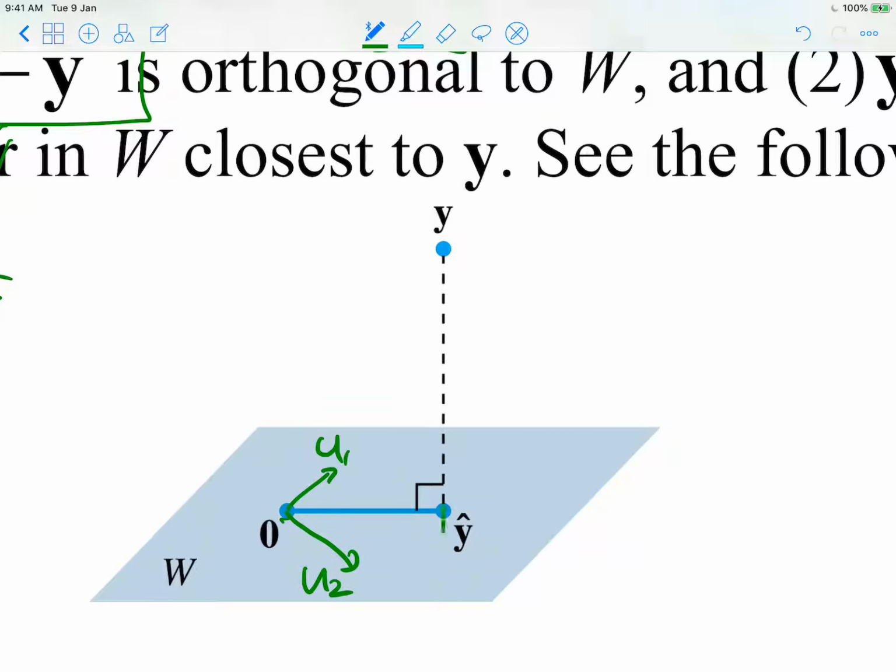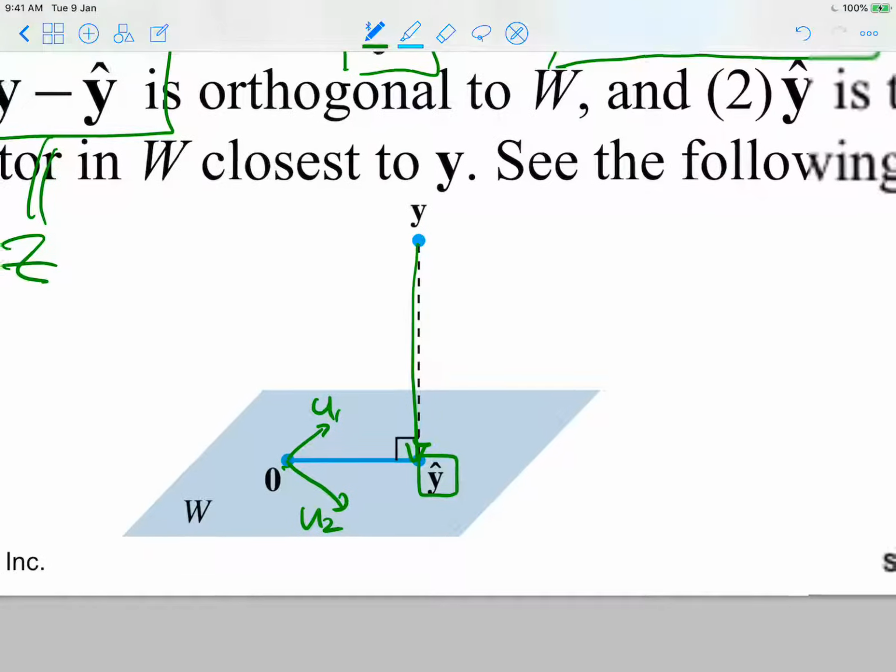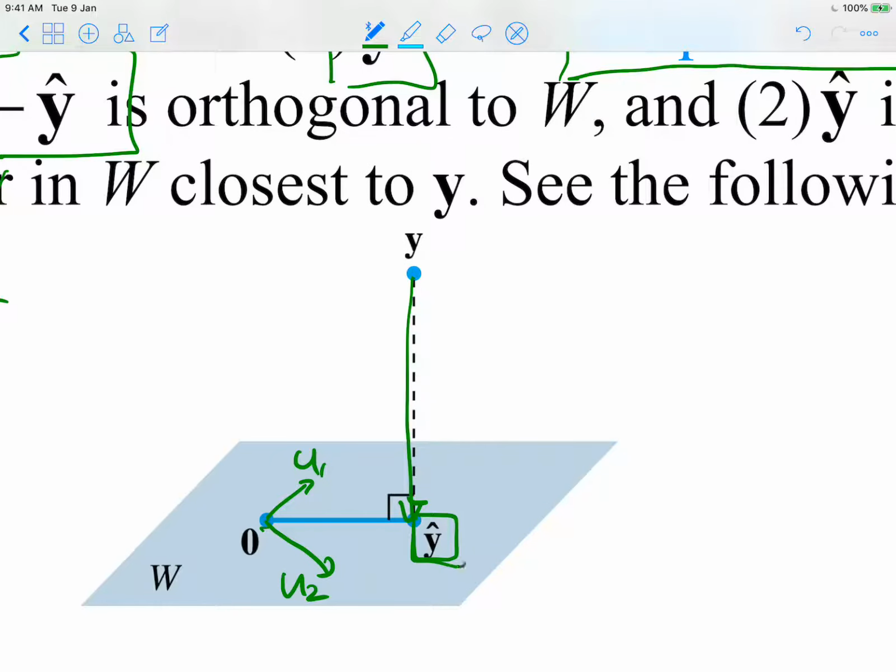And then we have Y hat over here, which is an orthogonal projection of Y. And in this case, this theorem is saying that this Y hat is, let's just consider some vector X in our subspace W. This X will be represented as a linear combination of U1 and U2, and it can be over here, over here, over here, right? It can be anywhere in our subspace.